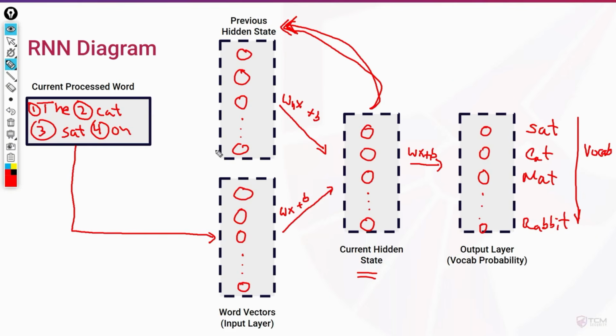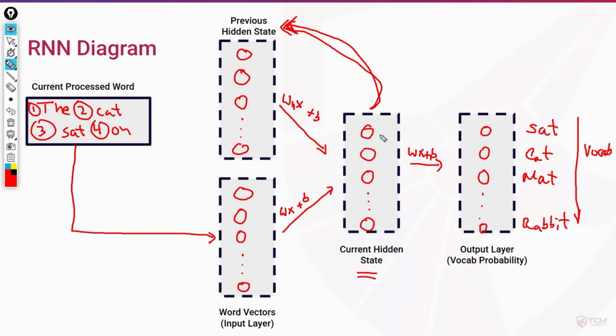And this is how an RNN works to keep track of the context, by continuously adding it to the hidden state. So the weights for this and the bias always stay the same. These are learned in training for how much the hidden state contributes to the next current hidden state, and instead how much the word vectors do.